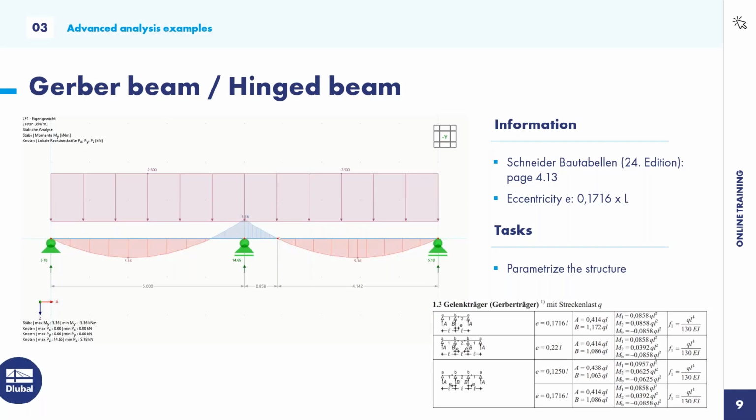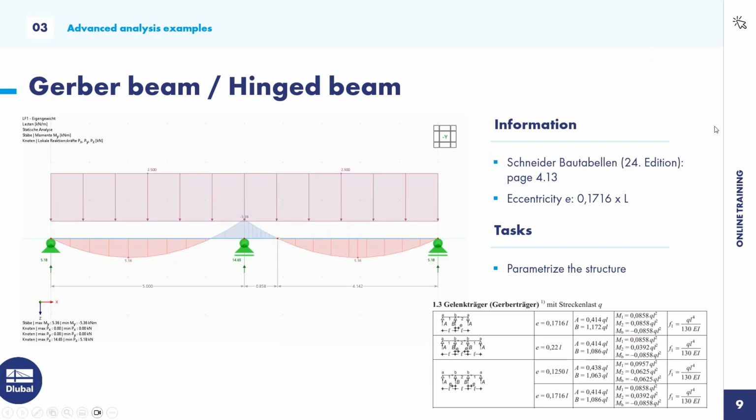To create such a Gerber beam, we just have to introduce an additional member hinge, and we have to find the right spot where we define this hinge in order to get the correct moment distribution.